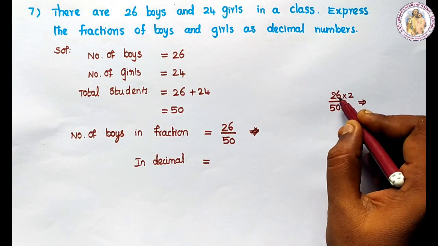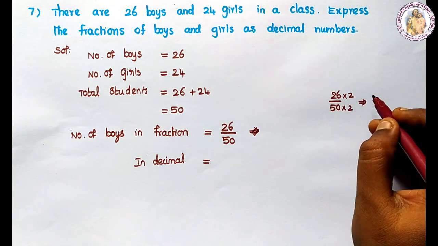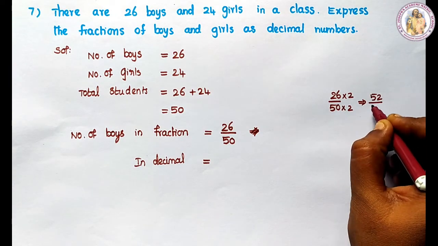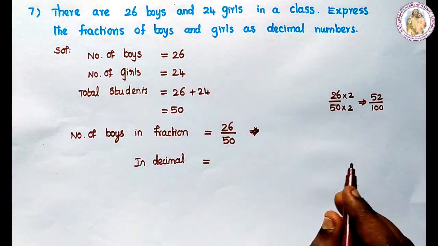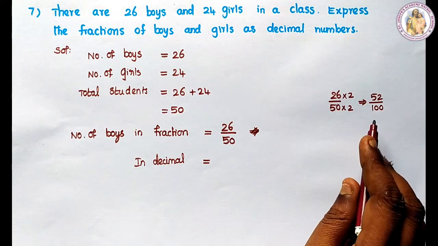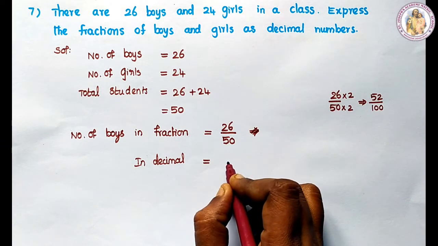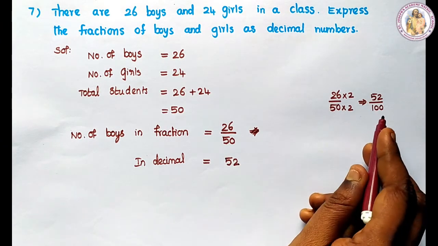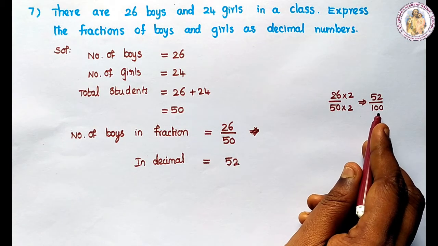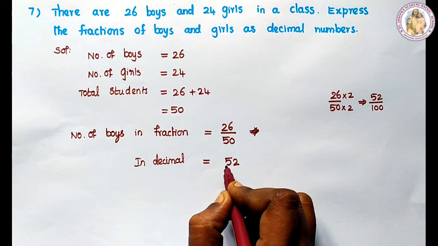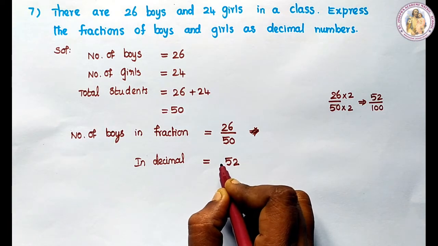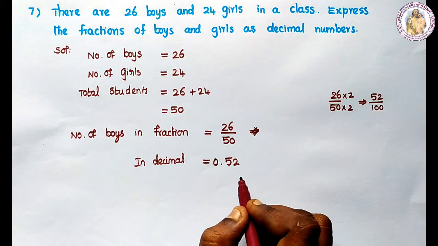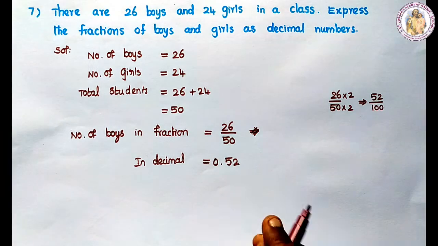So how much? 26 into 2, that is 52 divided by 100. So 52 divided by 100 means, in decimal form, 52, write the number. Here denominator is 2 zeros. So before two digits we have to keep the point. So 0.52. That is a decimal form of the boys.